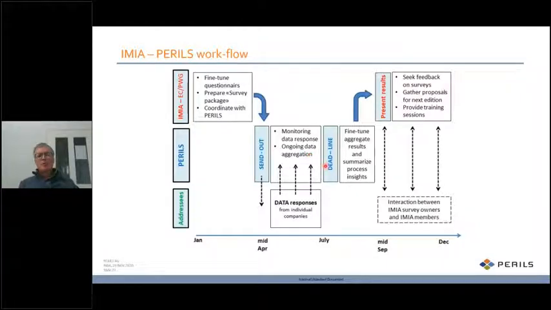This will go till about the start of July. This is the deadline by which we would like to receive the last responses from the participants in the survey, in order to be able then to fine-tune the aggregate results and summarize all the process insights of the backflow.